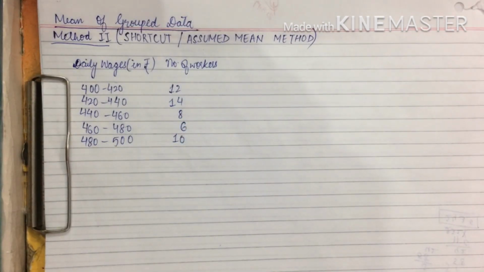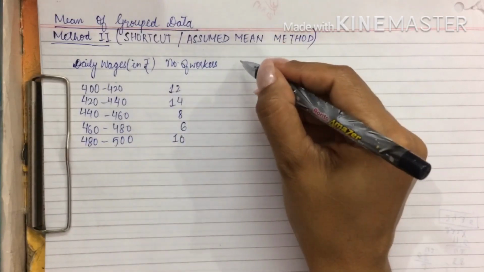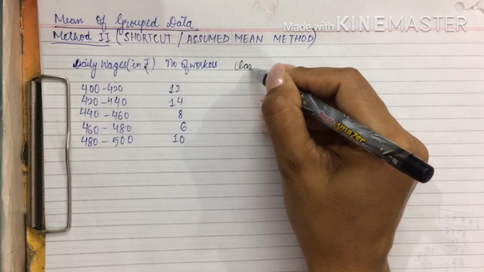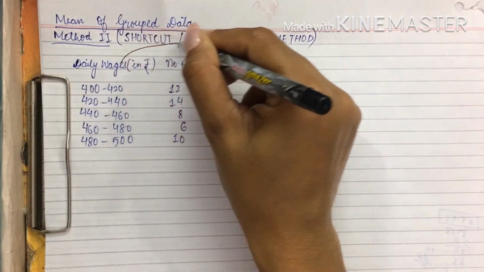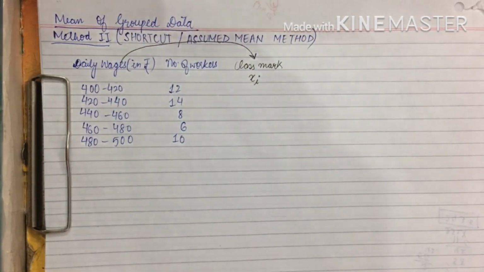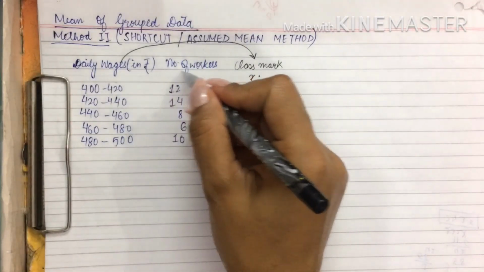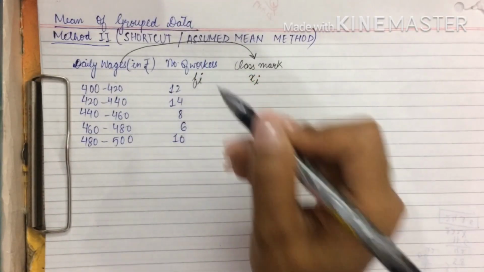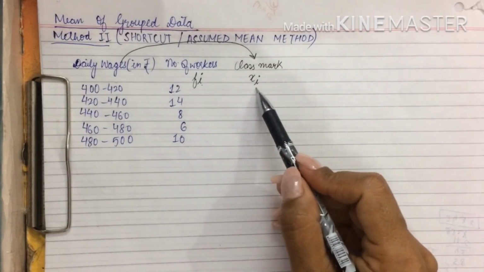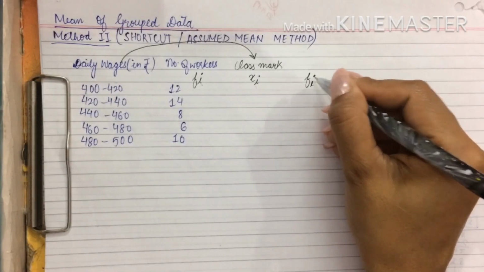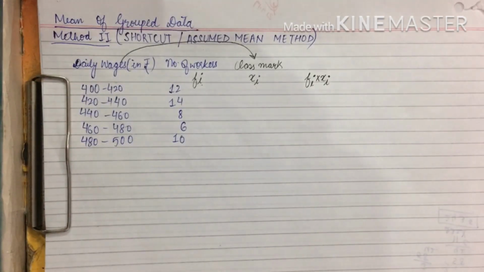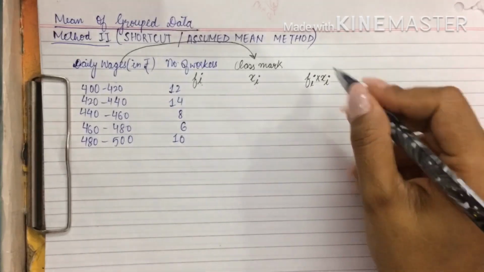Now if I had to use the direct method to find the mean for this grouped data, first of all, from my class intervals, I'll obtain the class mark. The number of workers, which represents the frequency, will be multiplied with the respective class mark to obtain the products.